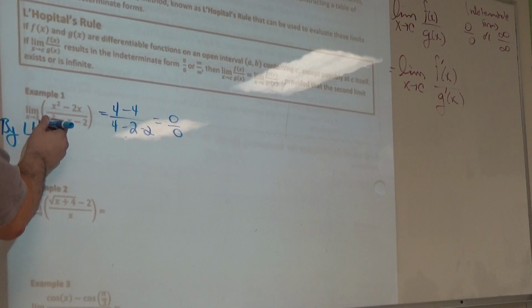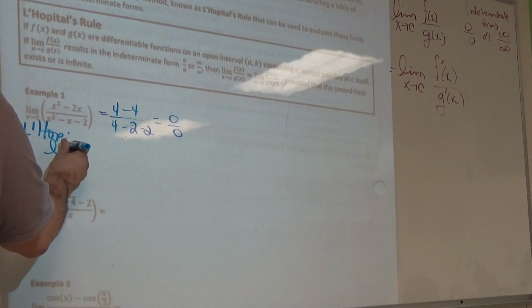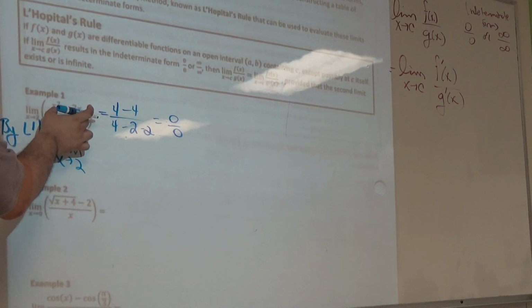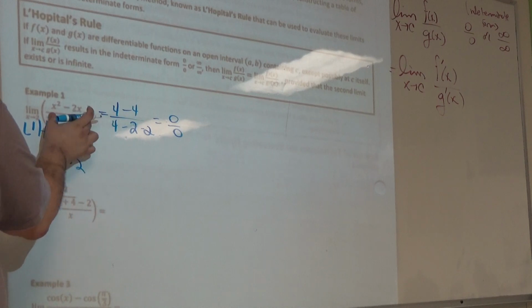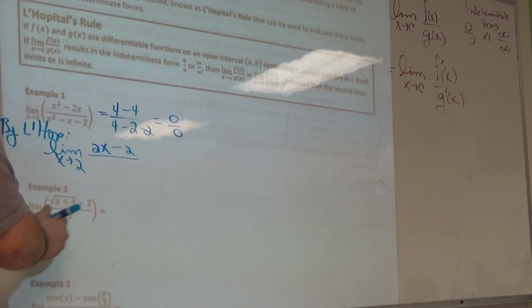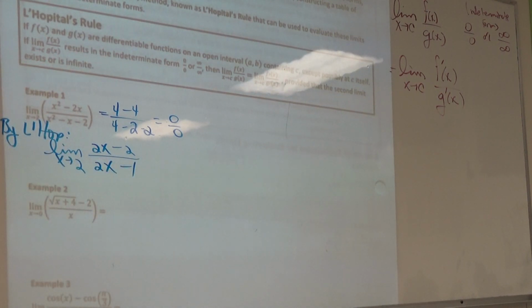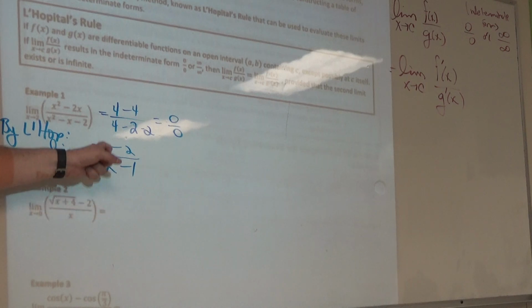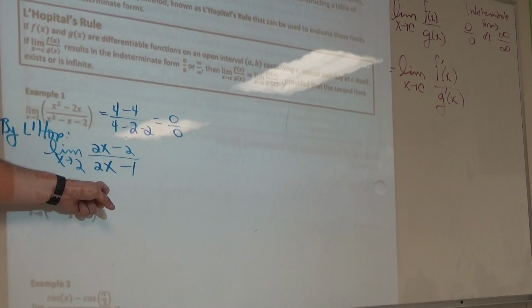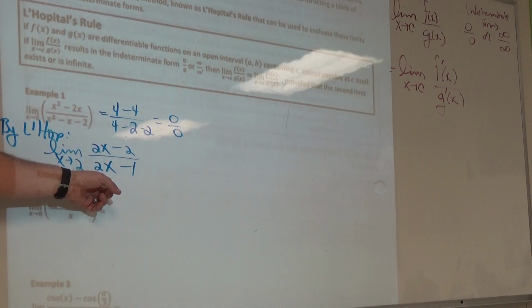So we're just going to say by L'Hop, just L apostrophe HOP is fine. What we're going to do is take the derivative of the numerator, 2x minus 2. You're going to take the derivative of the denominator, 2x minus 1. Notice I'm not saying quotient rule here. I'm taking the derivative of the numerator. I'm taking the derivative of the denominator.